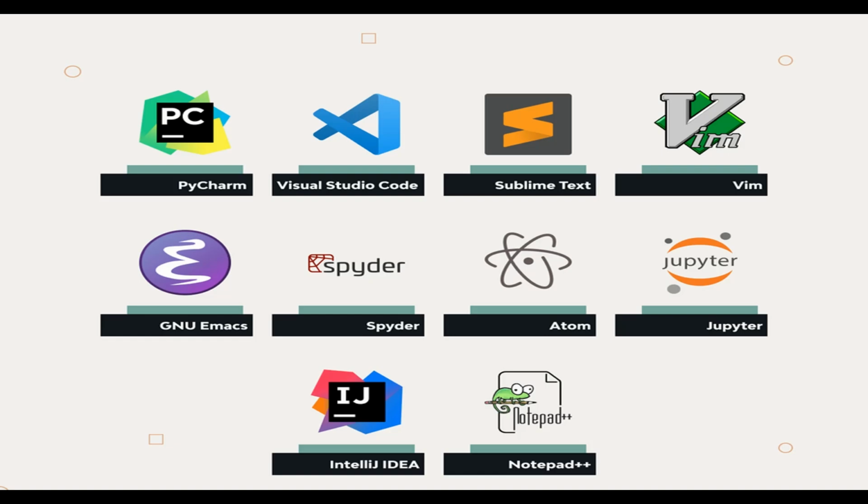It offers features like intelligent code completion, code inspections, debugging capabilities, version control integration, Git, Mercurial, and support for web development frameworks like Django and Flask. PyCharm provides a comprehensive environment for Python development, including professional tools for both beginners and experienced developers.